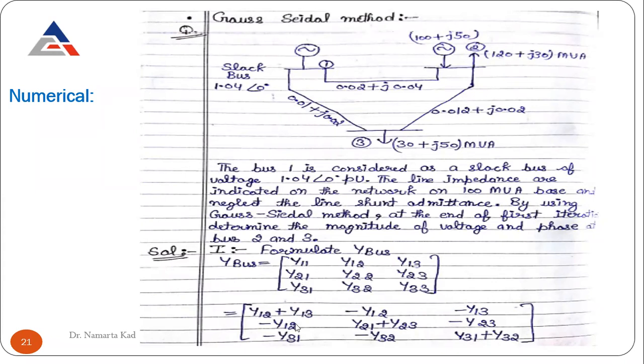We know from direct observation that the Y11 element is the sum of the admittances connected to bus number 1. So here it comes out to be Y12 plus Y13, the Y12 element comes out to be minus Y12, here it is minus Y13, then minus Y21, Y21 plus Y23, minus Y23, and so on. In this way, you have to formulate the Y bus matrix first.